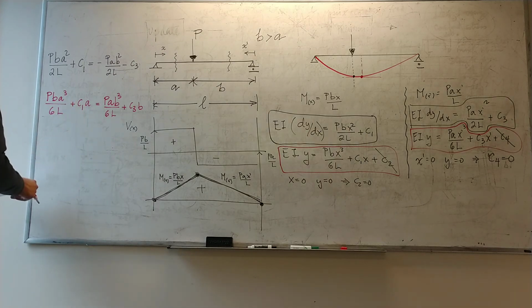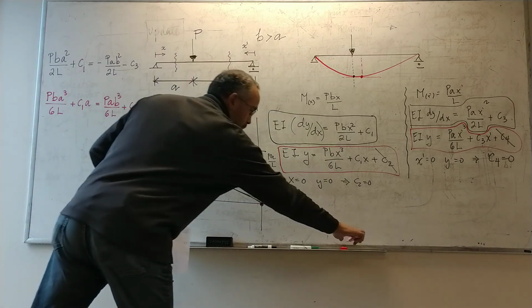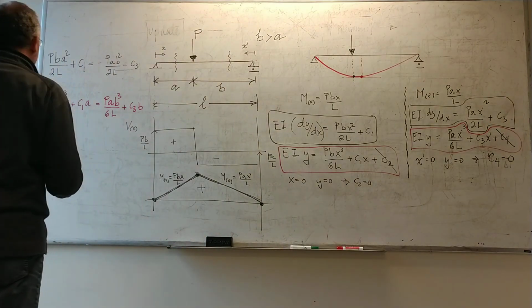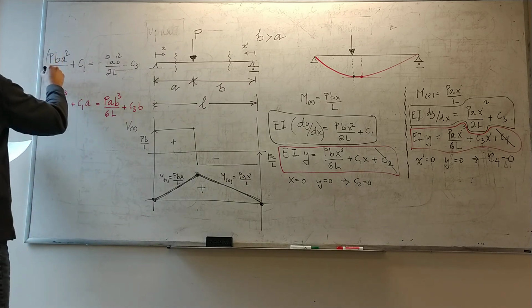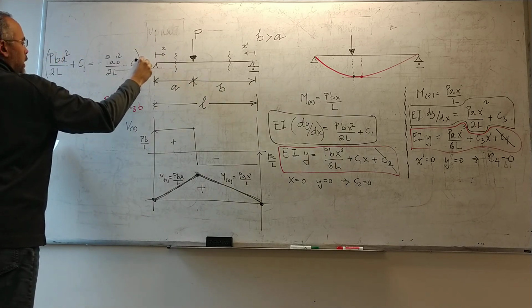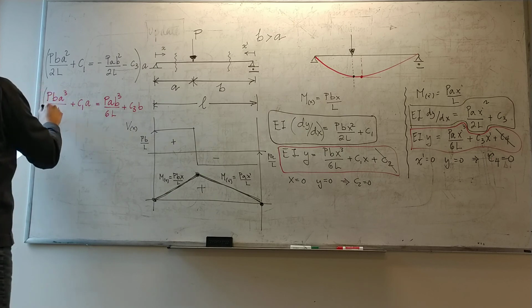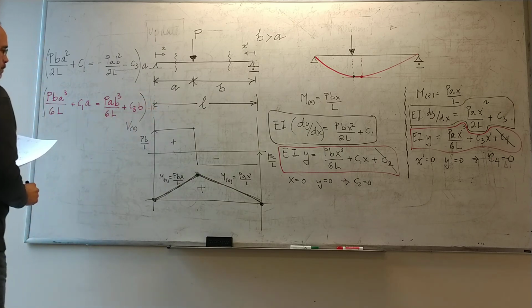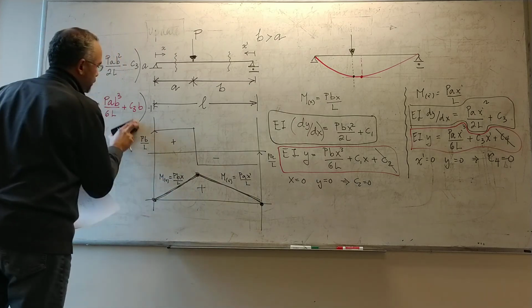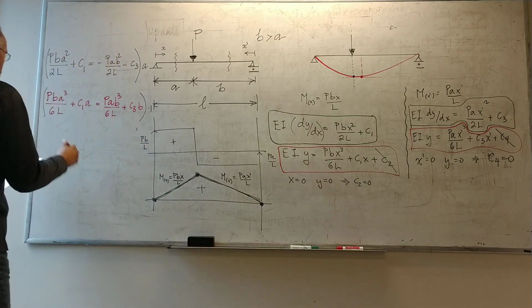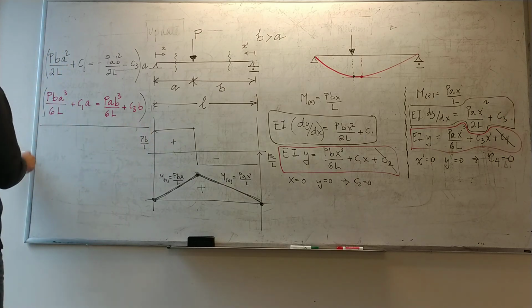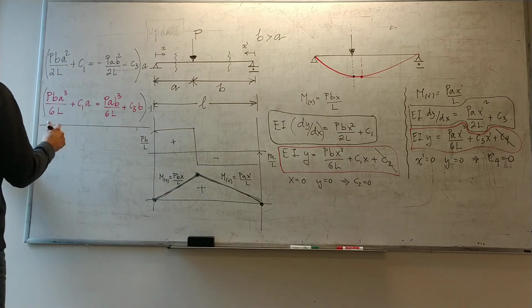So if we do that, this is what we obtain. Again, we multiply this whole equation by A, and we multiply this whole equation by -1. And then we add them up, right? So we obtain this result.